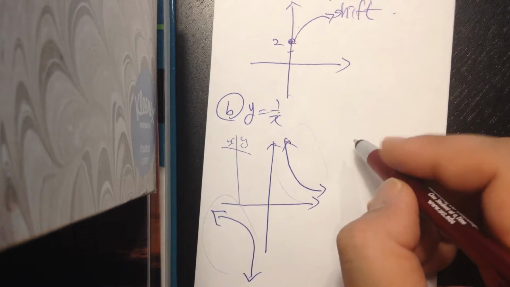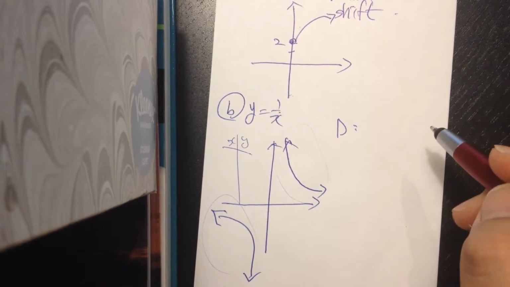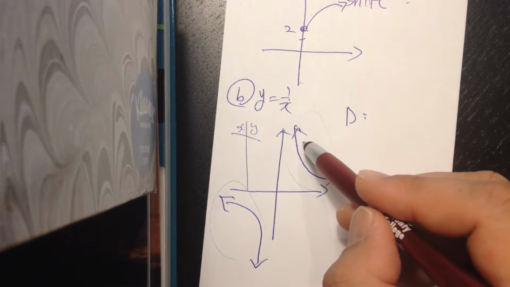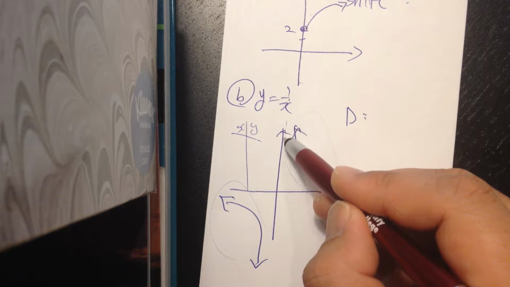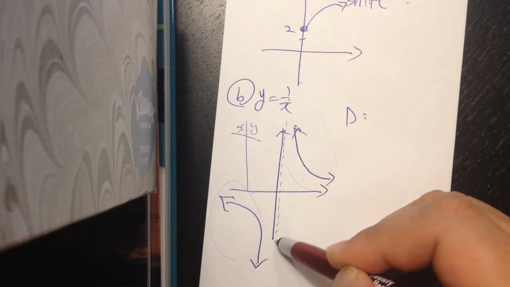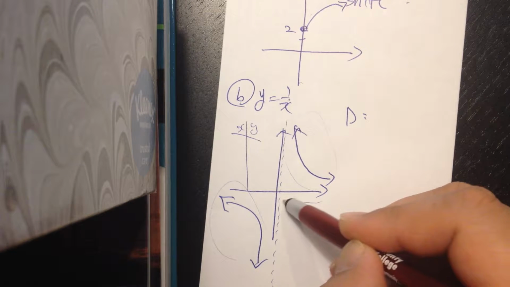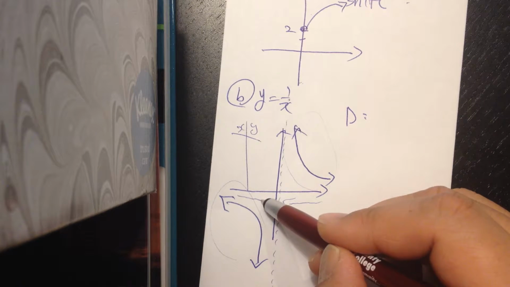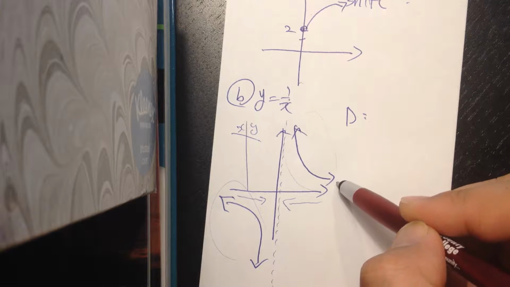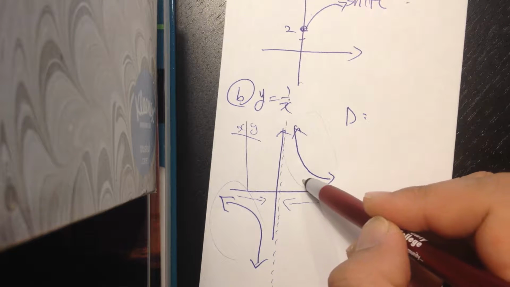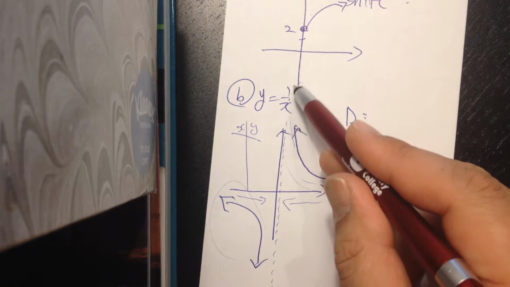Okay. Now, what will be the domain? Well, domain here, as you could see, we have a vertical asymptote, where as we approach 0 in both directions, if we're coming from the right hand side, the y value is increasing.